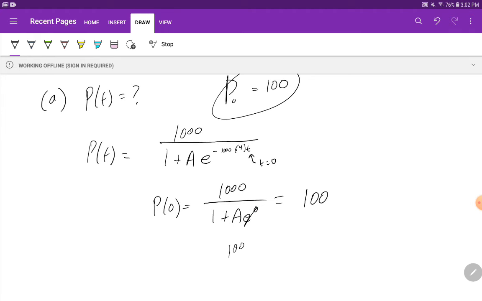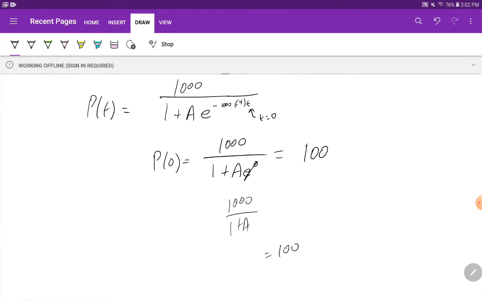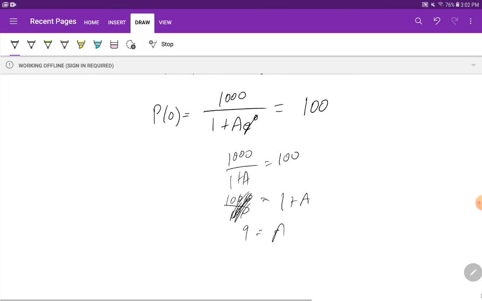So we get 1,000 over 1 plus A is equal to 100, or if I do some multiplication and division, it looks like 1 plus A equals 1,000 over 100. So A looks like 9. Right? So I have my A value, and now I can find my P(t).